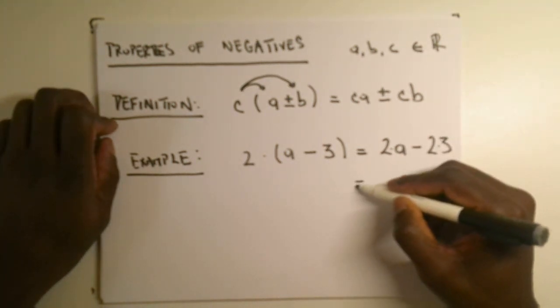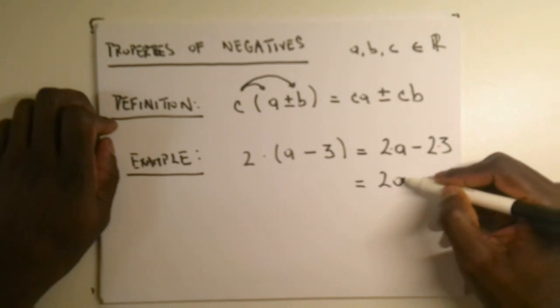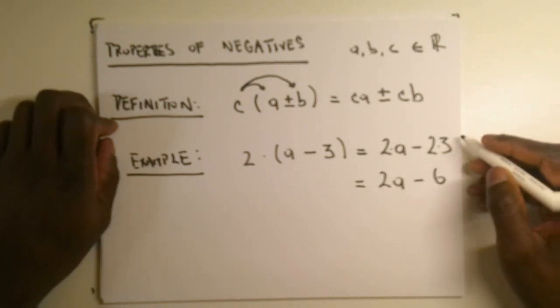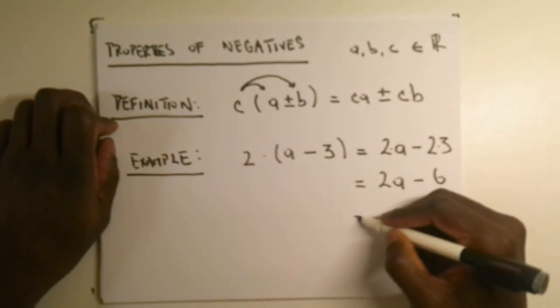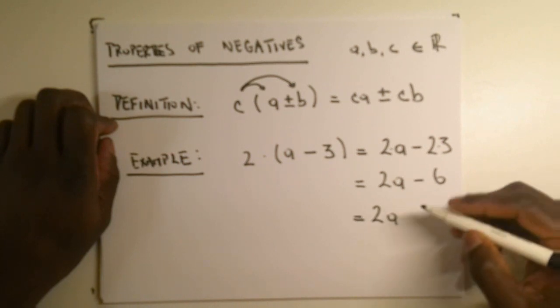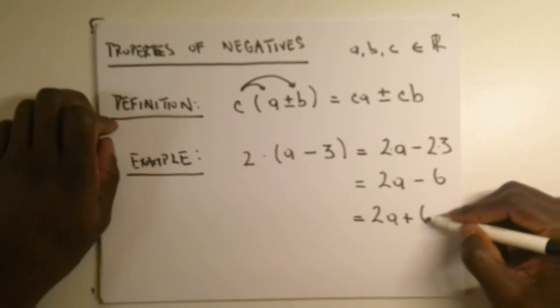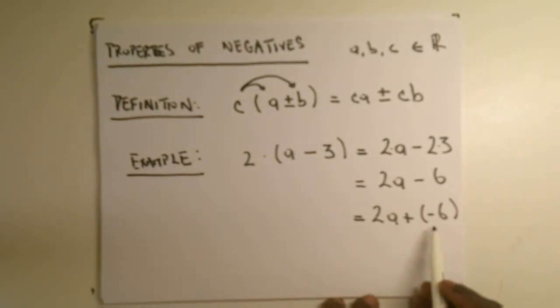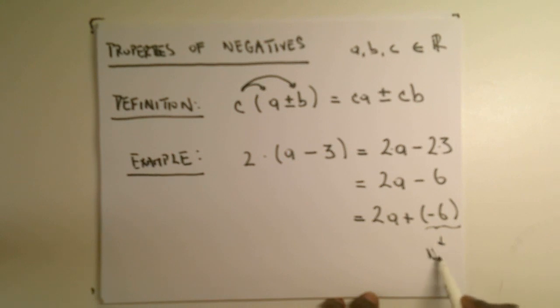Now, this will equal 2A minus 6. And then, to make it a little bit more proper, I'll say 2A plus negative 6. So this is sort of the key point, is that this becomes my negative.